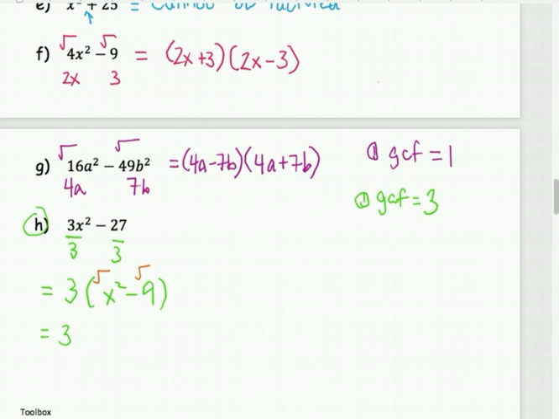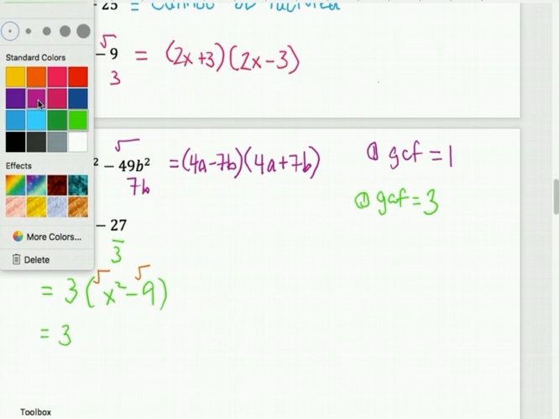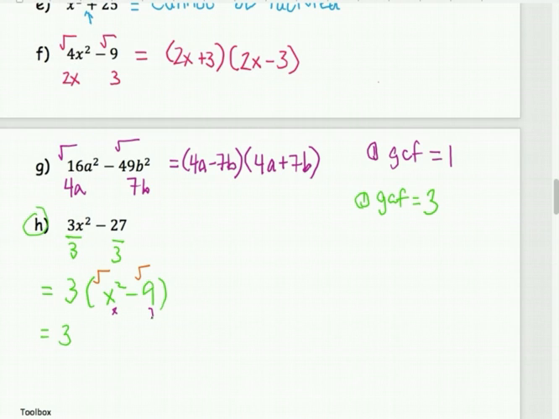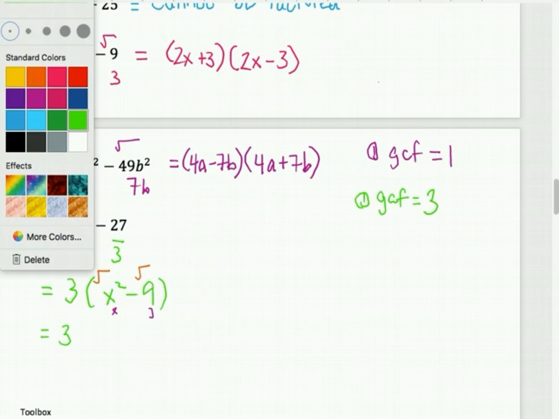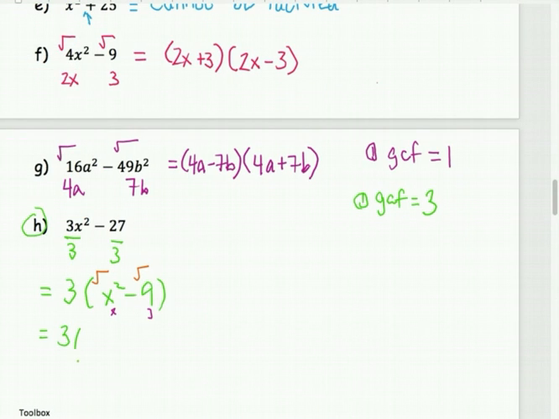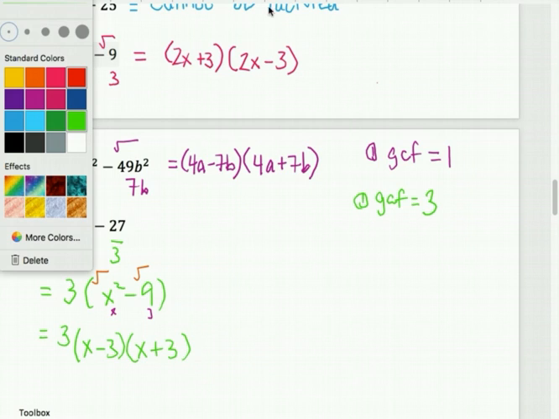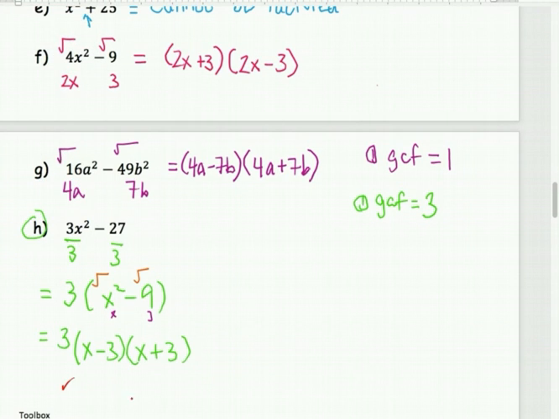We're still writing the work, so you're like, okay, that one becomes an x, and that one becomes a 3, right? So let's write our final answer here. You have the 3 that came out, and then you also write x minus 3, x plus 3 as your final answer. So when I go to mark that one, I'm looking for greatest common factor and then the 2 factors.